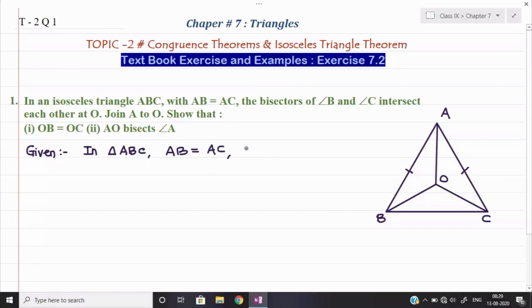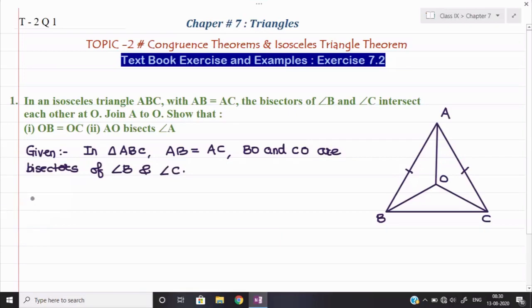Second, observe, BO and CO are bisecting angle B and angle C, so BO and CO are bisectors of angle B and angle C. These are the two given things.